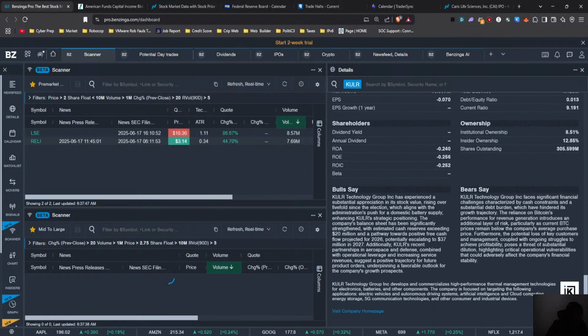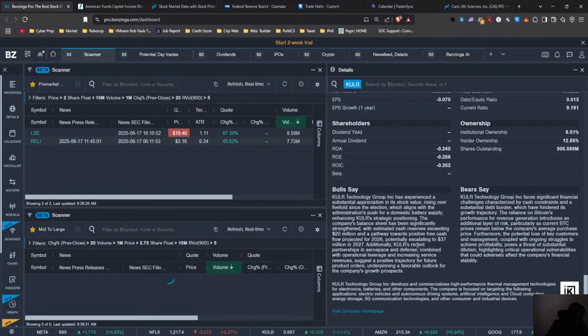Okay, bulls. Bulls say KULR Technology Group Inc. has experienced a substantial appreciation in its stock value, rising over fivefold since the election, which aligns with the administration's push for domestic battery supply. Enhancing KULR's strategic positioning, the company's balance sheet has been significantly strengthened, with estimated cash reserves exceeding 20 million and a pathway towards positive free cash flow projected for 2026, potentially escalating to 37 million in 2027.